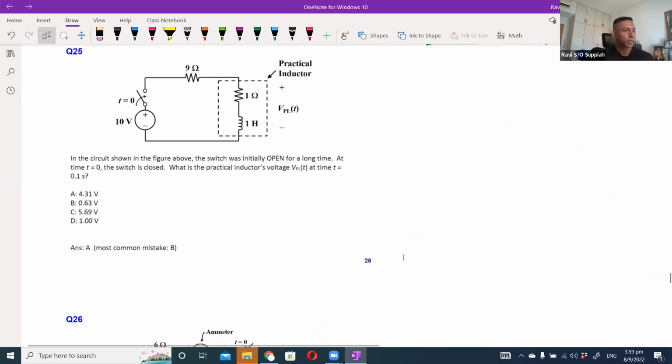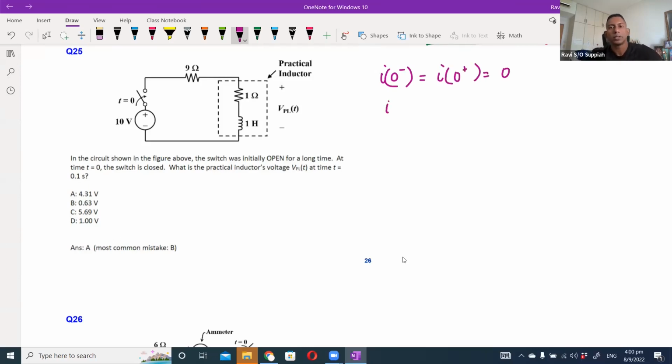Okay, question 25. The practical inductor. The switch is initially open for a long time. At time t equals 0, the switch is closed, and we want the practical inductor's voltage at time t equals 0.1 second. Since the circuit is open prior to time 0, I at 0 minus is the same as I at 0 plus, which should be 0.